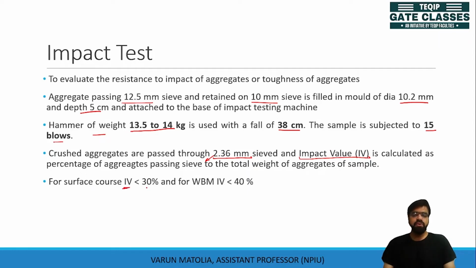The impact value should be less than 30% for your surface courses and should be less than 40% for your water-bound macadam. So this is the impact test. These values are important to remember.